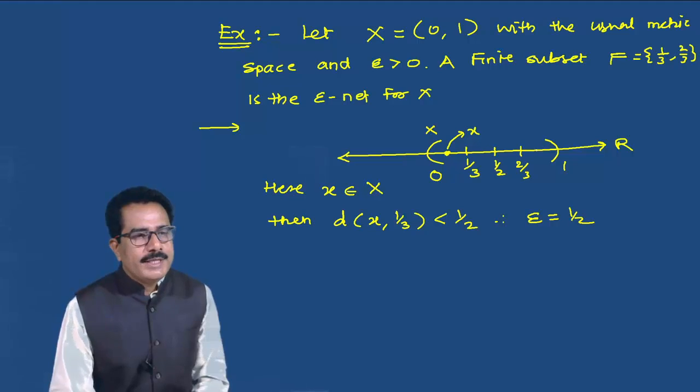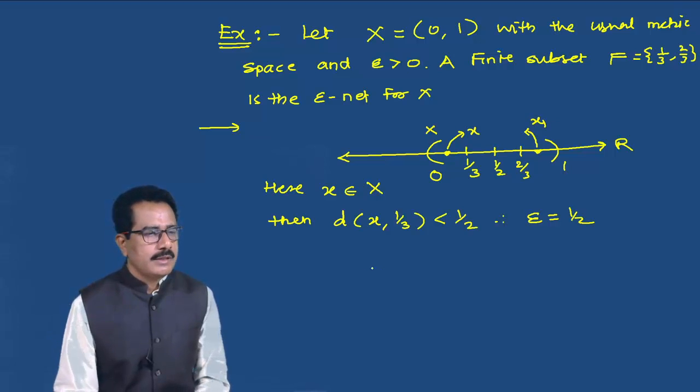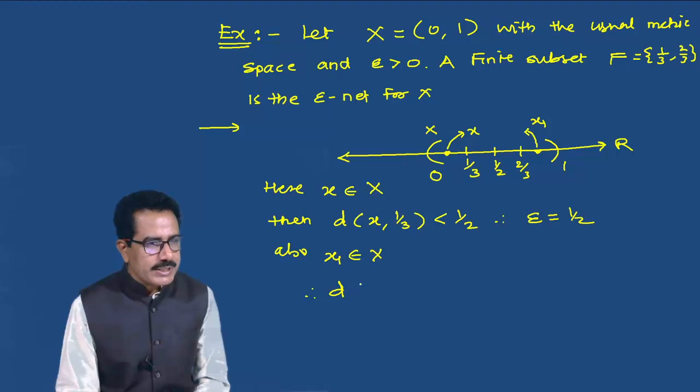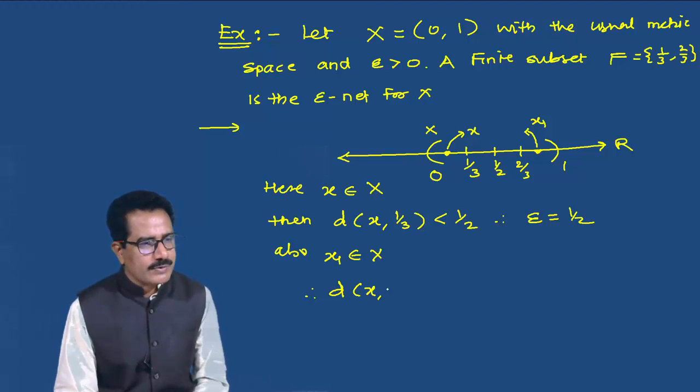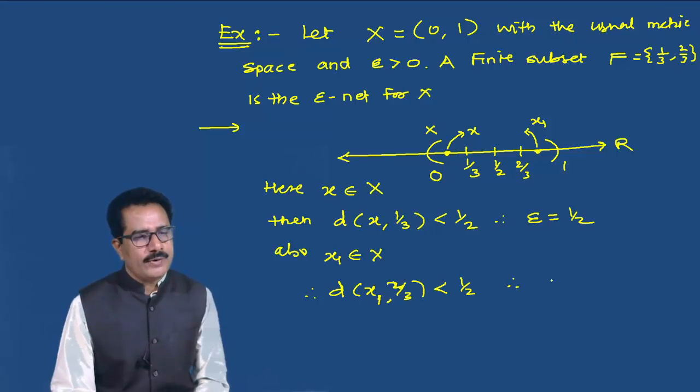If you take a point here, suppose this is x1, also suppose x1 belongs to capital X, then there exists a distance of x1 comma 2/3 which is again less than 1/2, therefore epsilon is equal to 1/2.